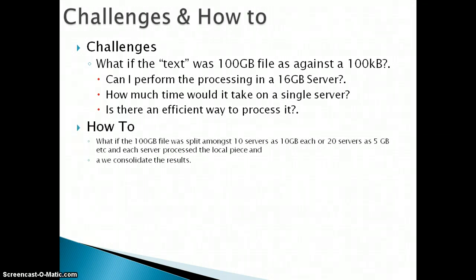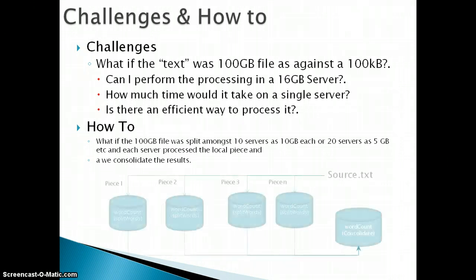What if this 100 GB file was split amongst 10 servers and processed, or about 20 servers with 5 GB each processed on individual servers, and we consolidate the outputs on a single server, like what you see in the picture here.